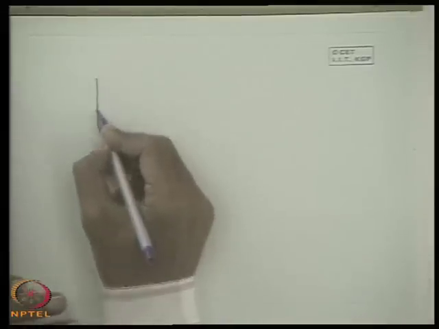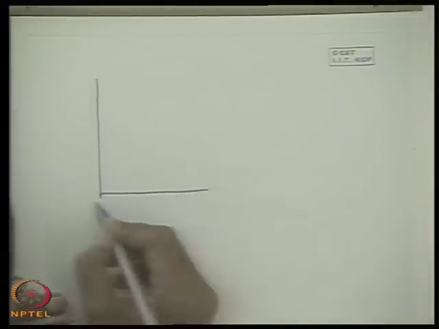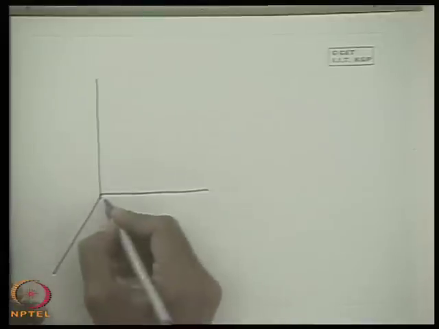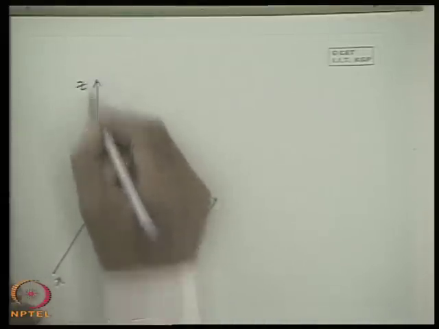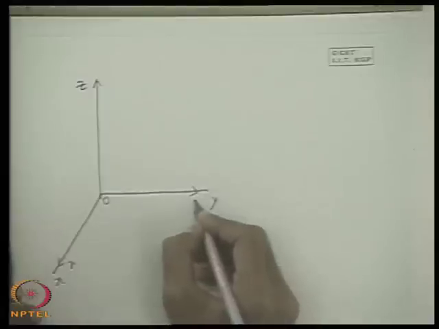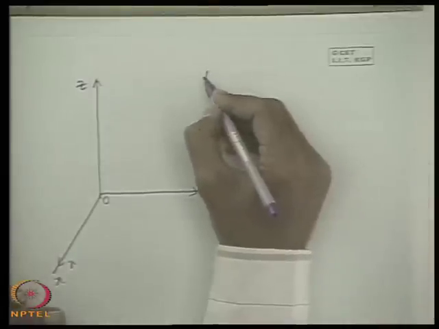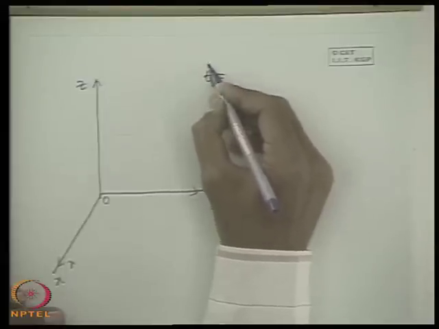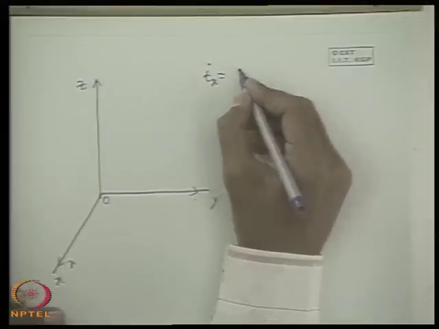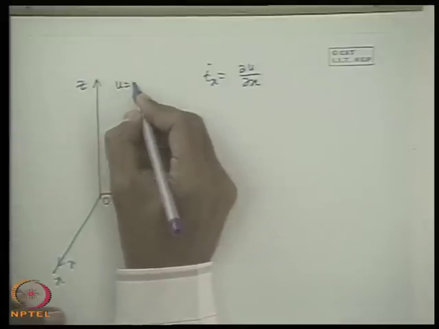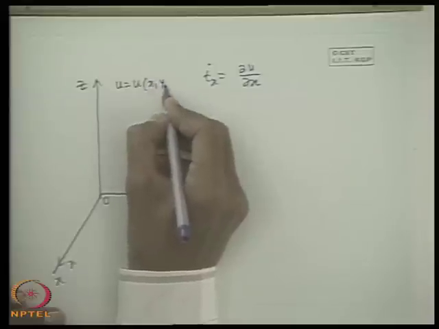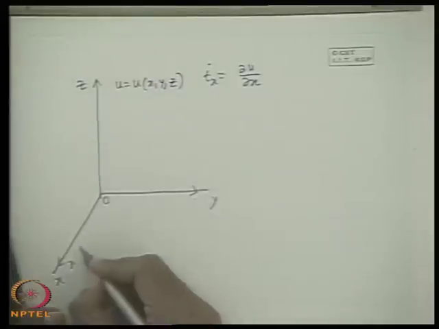So now we have recognized 3 distinguishing features, that is translation, deformation and rotation. Now after this physical understanding, in the case of a 3-dimensional system x, y, z, we can write epsilon dot x. The terminologies are known: the rate of linear strain is del u del x, and you consider u as a function of x, y, z. What is u? X component velocity.